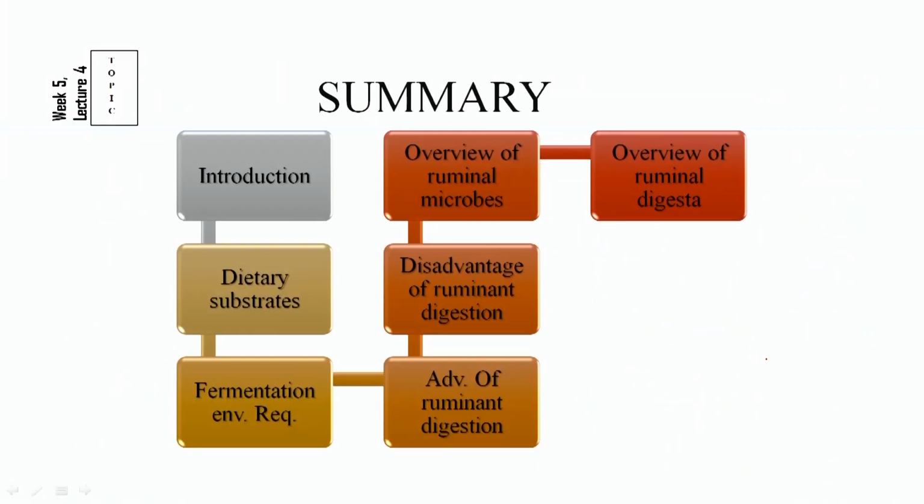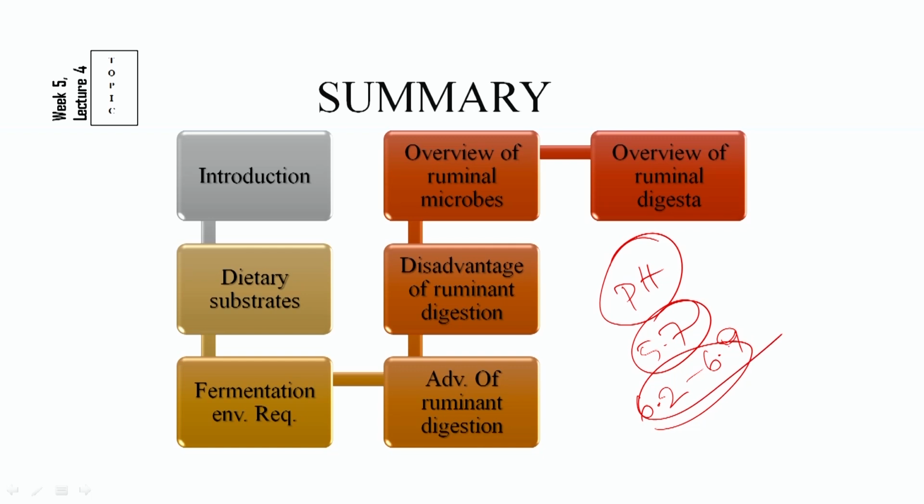The next important aspect, which I forgot, is pH, right? The rumen always stays healthy when the pH is above 5.7. This is very, very important. The protozoa, primary cellulolytic bacteria, and most secondary bacteria survive well in a pH of 6.2 to 6.9.